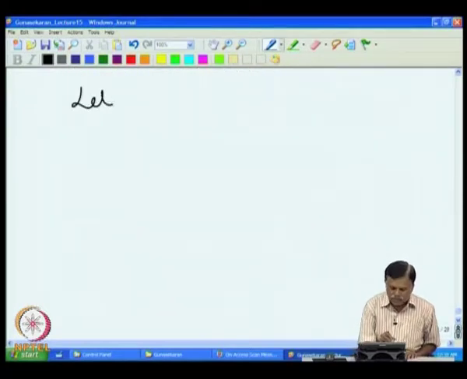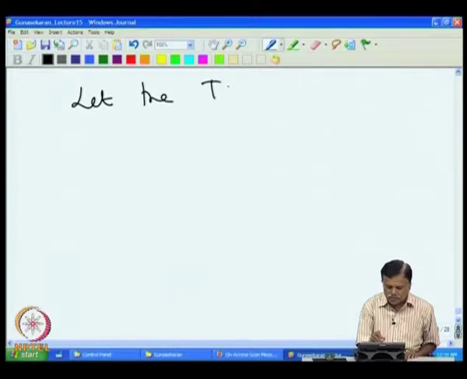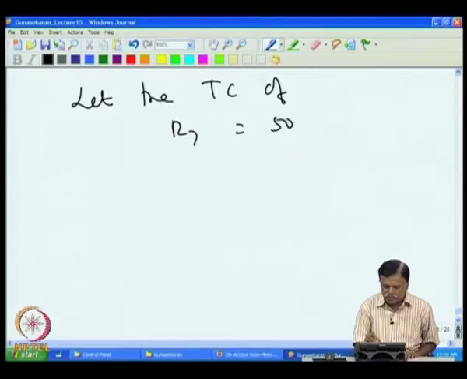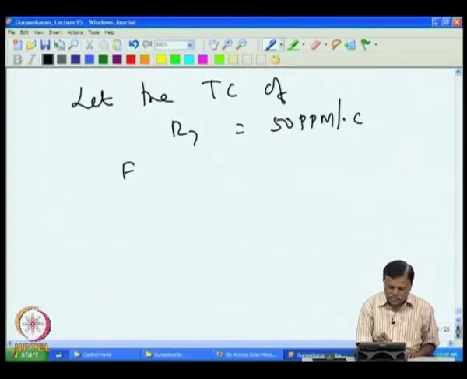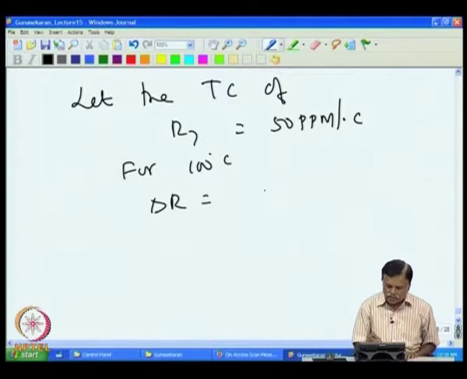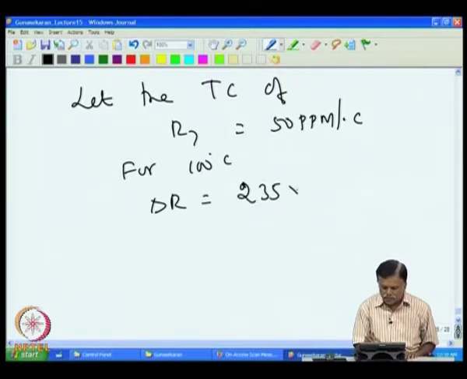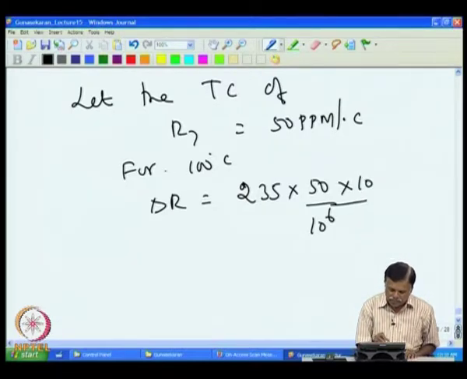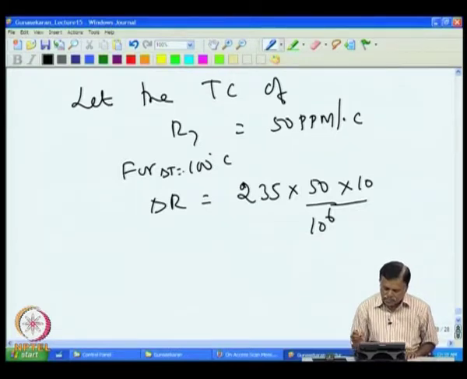Let the temperature coefficient of R7 be 50 ppm. Assume that we use a 50 ppm per degree C resistance. Then for 100 degree C, delta R will be, this is 235 ohms, so 235 times 50 ppm, and for delta T equal to 100 degree change. That is the resistance change expected.